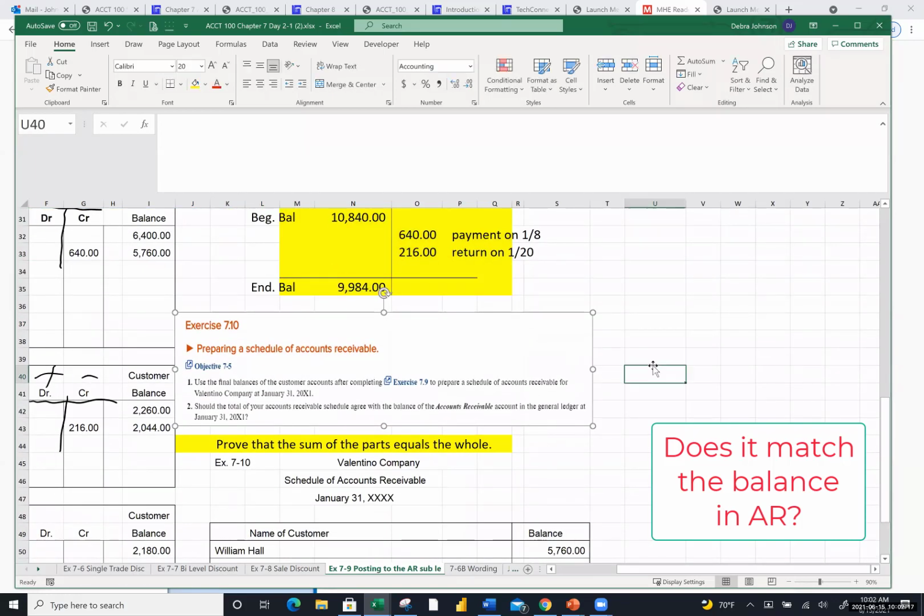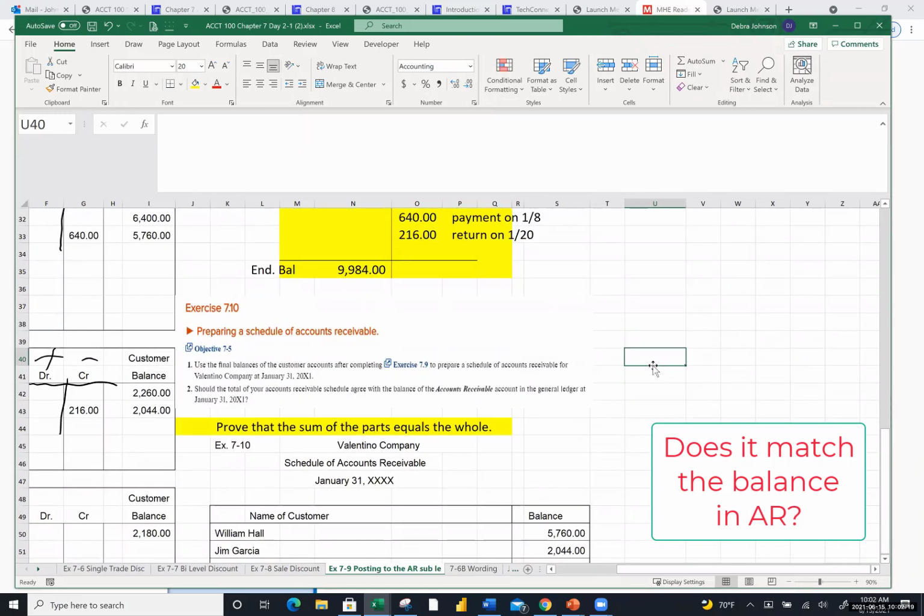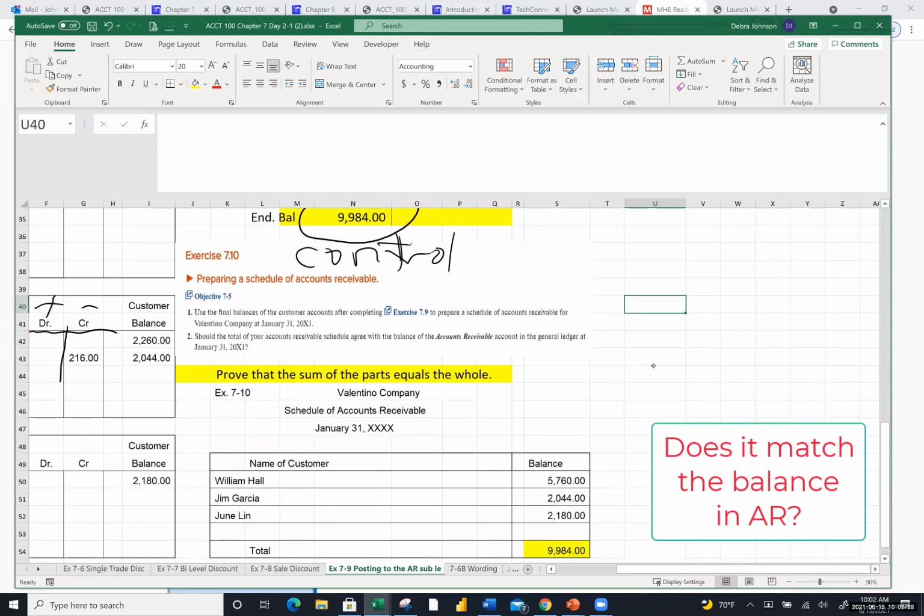Well, I don't know if I can fit on one screen without making you guys wait, but here's the control total. And here is the schedule on my accounts receivable, has to balance to that control account. We just proved that the sum of the parts equals the whole.